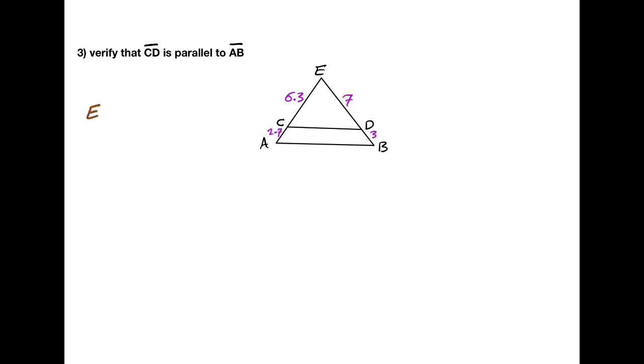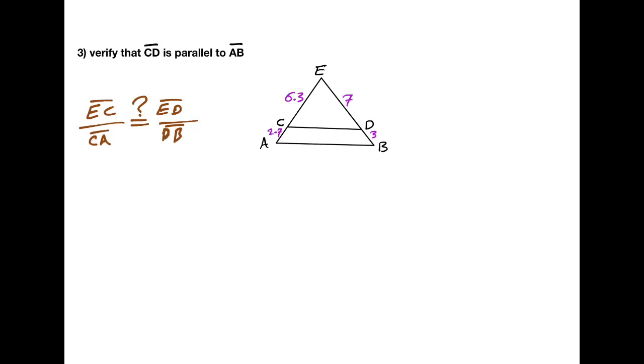So we have to check this one. EC over CA, is this equal to ED divided by DB? So we're going to check this ratio, proportionality here. Let's replace the values.